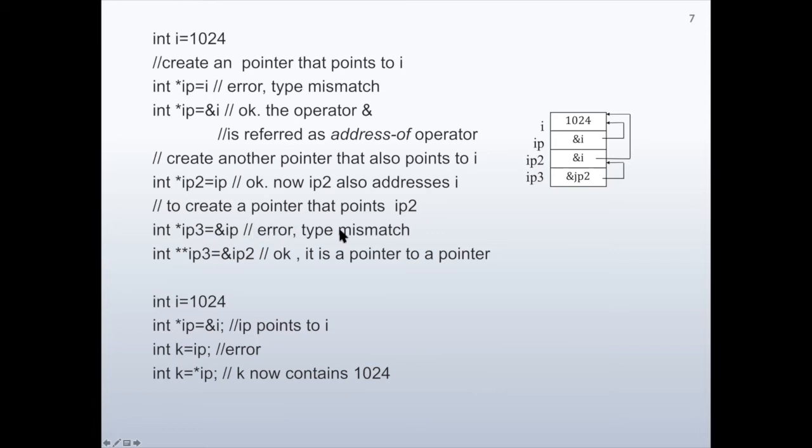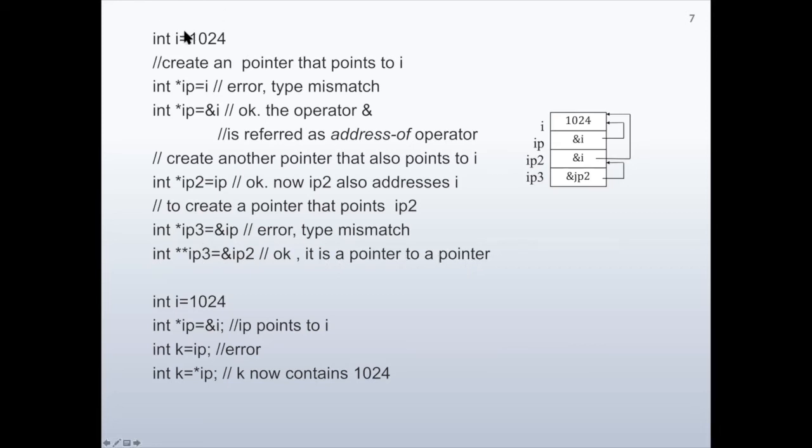There is a type mismatch because this is the address of a pointer and the left hand side is a pointer to an integer. In order to have correct syntax, it should be written in the form ip3 is a pointer to a pointer to an integer, and then the address of ip2 can be loaded to ip3. So it's a pointer to a pointer.